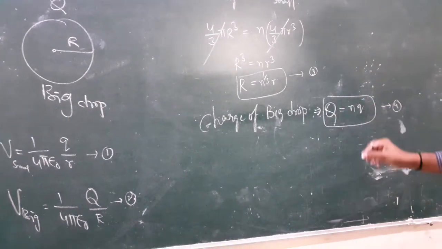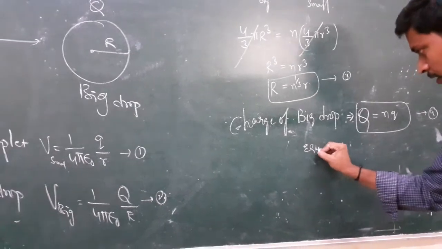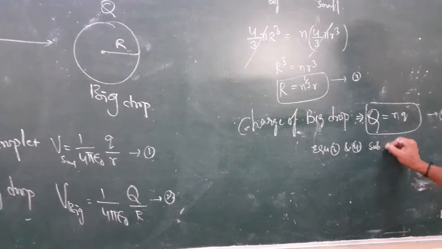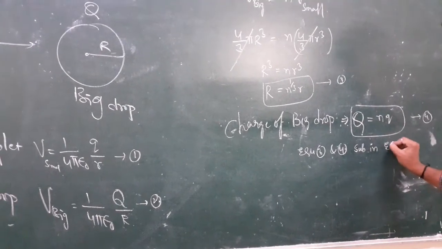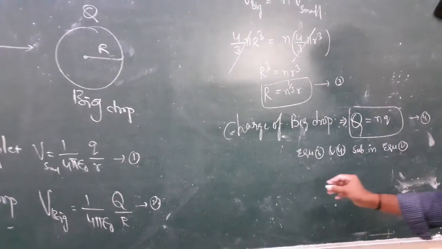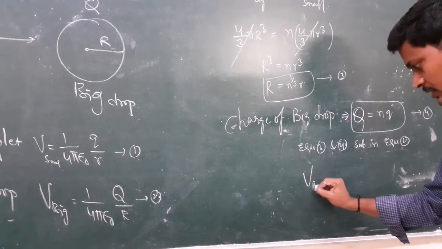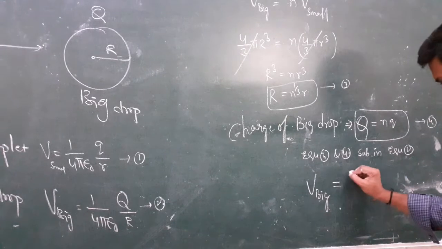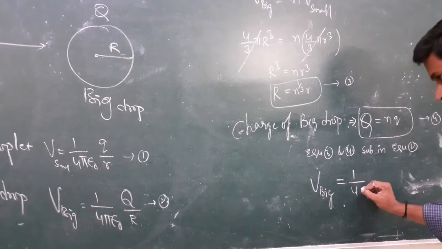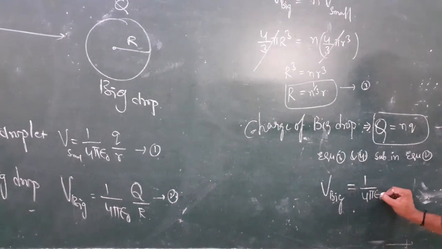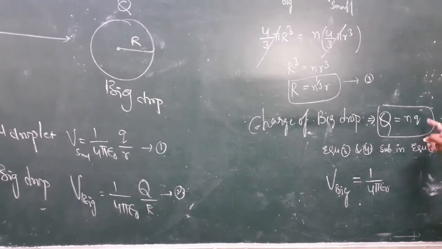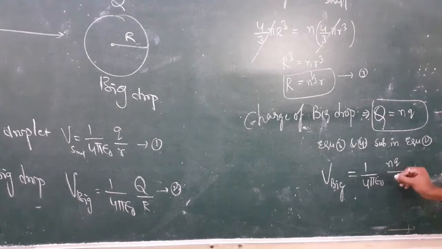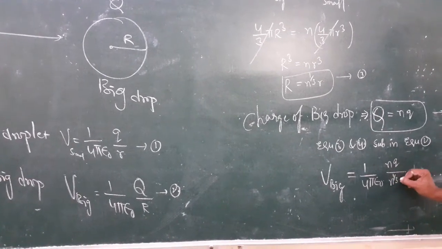Then these two values, equations 3 and 4, substitute in equation 2. Then the final relation: the potential of the big droplet is equal to 1 by 4 pi epsilon naught into capital Q, which is nothing but n into q, divided by capital R, which is nothing but n to the power of 1 by 3 into r.